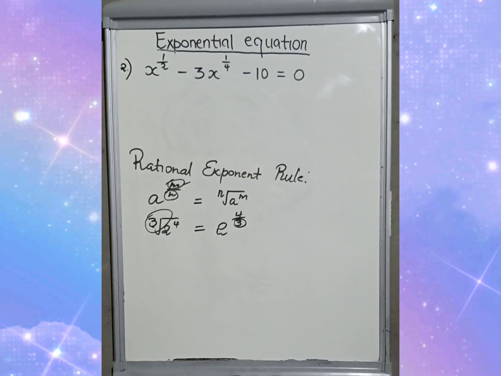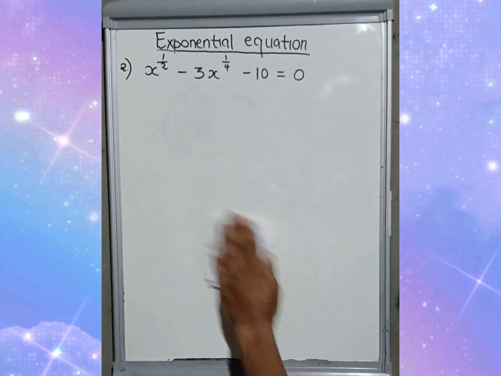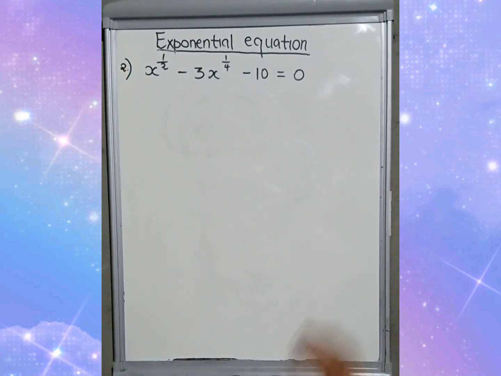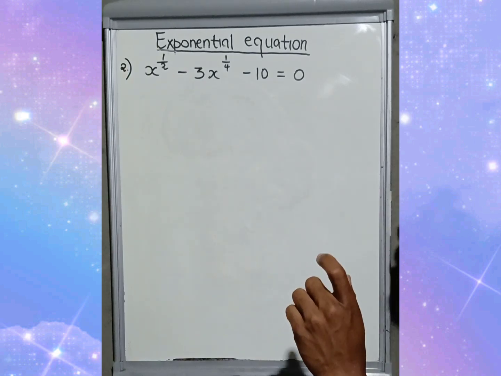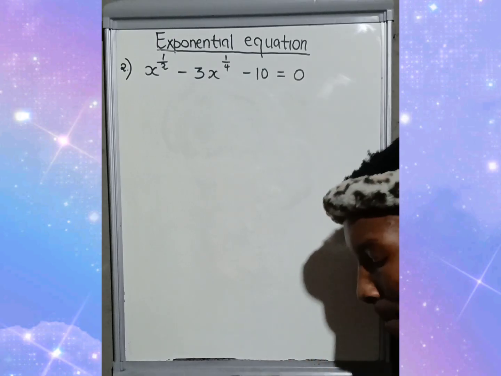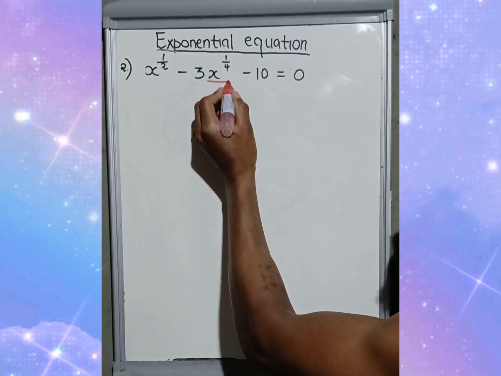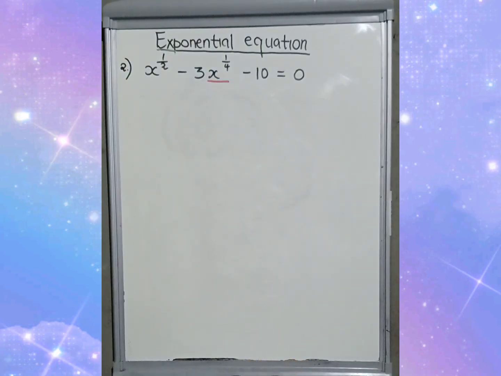Therefore, when you're solving with the rational exponent rule, it's very simple, grade 11. What is important to take note of is the variable that is in the middle, x raised to 1 over 4. We say let it equal k.